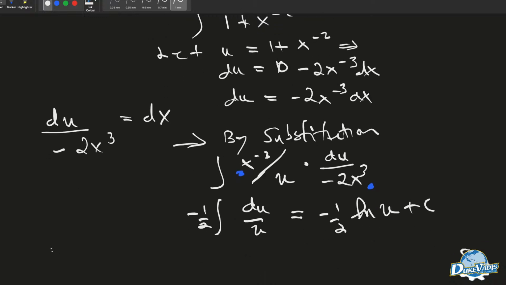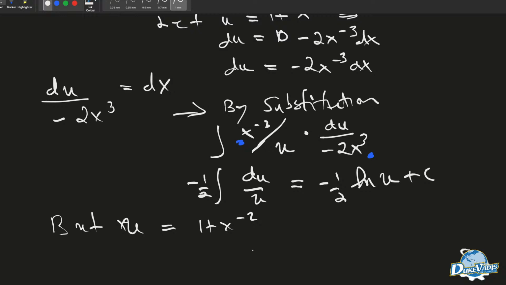Okay, but our u over here is given as 1 plus x raised to the power negative 2. So when we put it back into the equation, negative half integral du over u is given as minus half natural log of 1 plus x raised to the power negative 2 plus c.